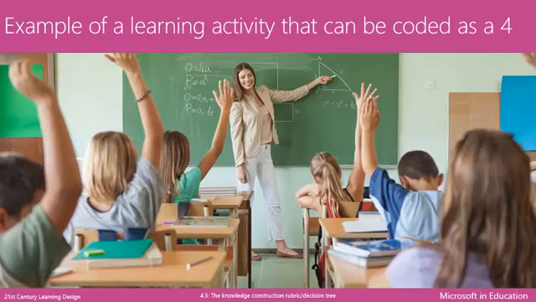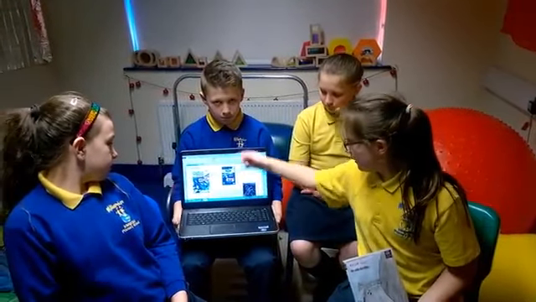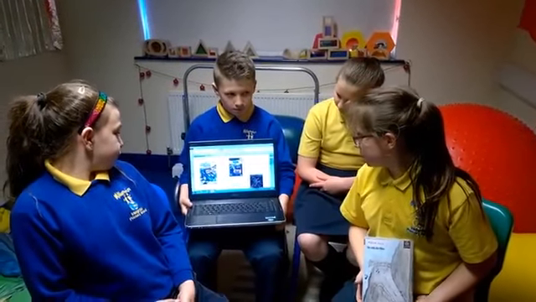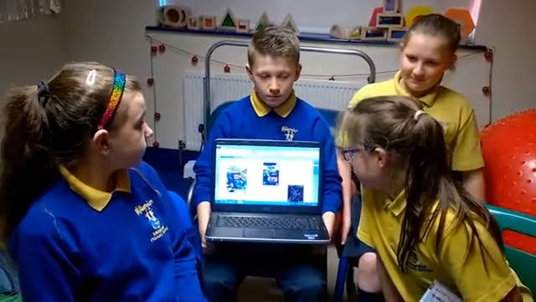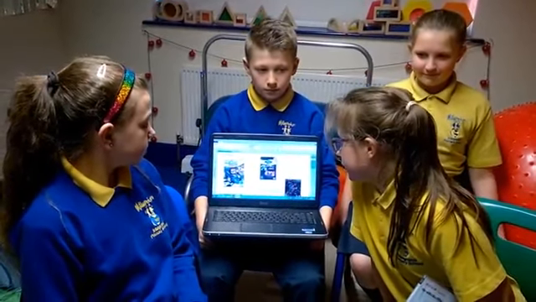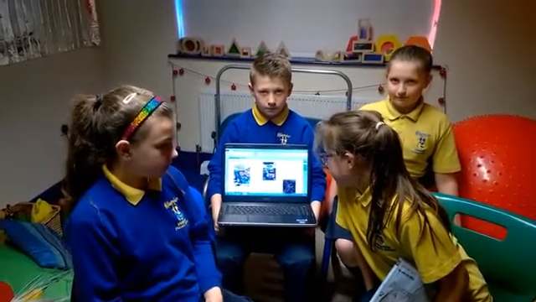This is an example of a classroom activity that can be coded as a 4. We did research for other games there, such as My Sims Racing. And what decisions did you make about those games? I see you have some level of writing beside them. For My Sims Racing, we like the way that the font relates to the game, and it gave us the idea that the cars are not all the same, so it would be better if they were all different instead of the same.